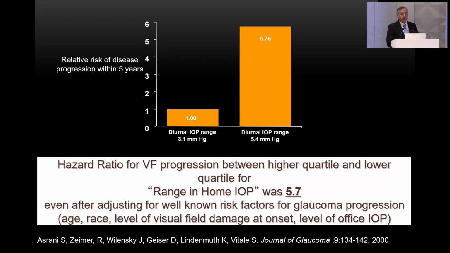And the difference was almost 6 times: the eyes which had a range of about 5 millimeters of mercury were progressing 6 times faster than eyes that had only 3 millimeters of mercury. This was published 25 years ago. And this was done with that applanation device on almost 700 eyes. And this was a study that showed that pressure fluctuations actually do make a difference.